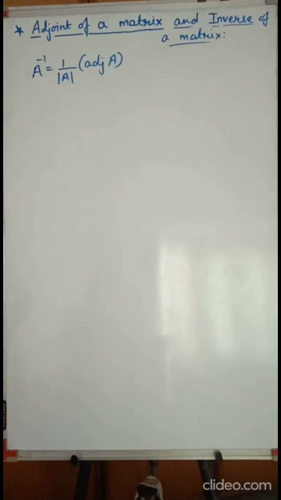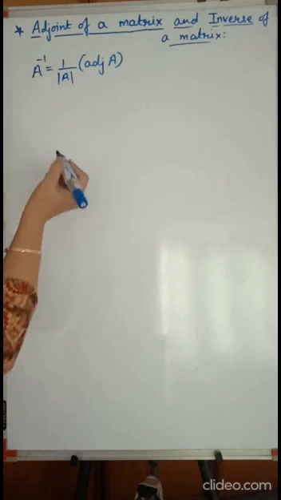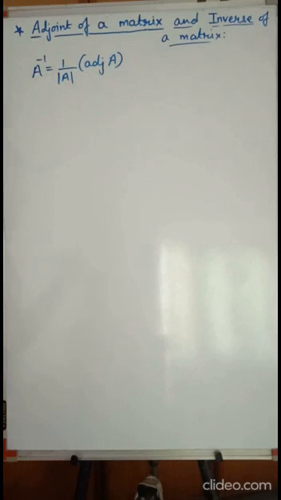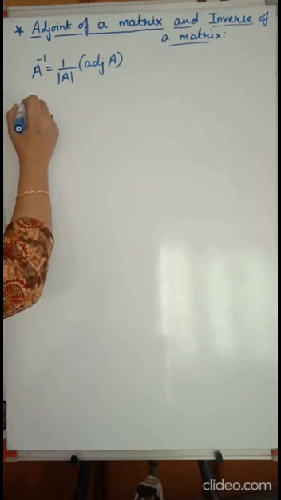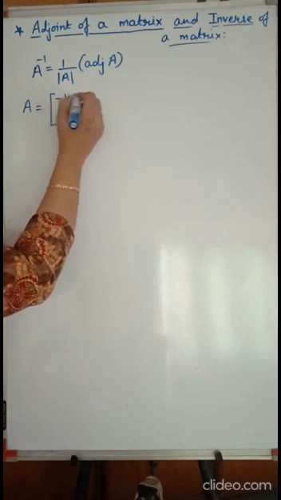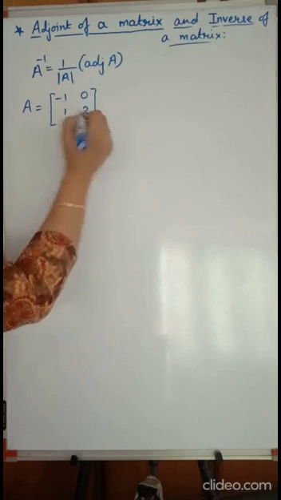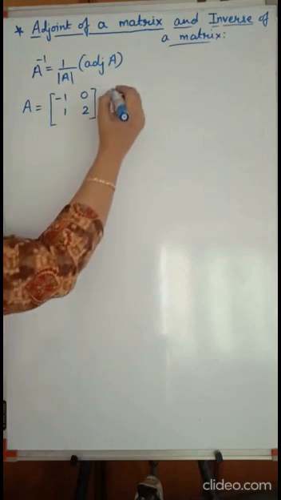Okay, so adjoint of A, how to find? Before that, I'll tell you how to find directly the inverse of a 2 by 2 matrix. Suppose there is a matrix minus 1, 0, 1 and 2. I want to find the inverse of this.